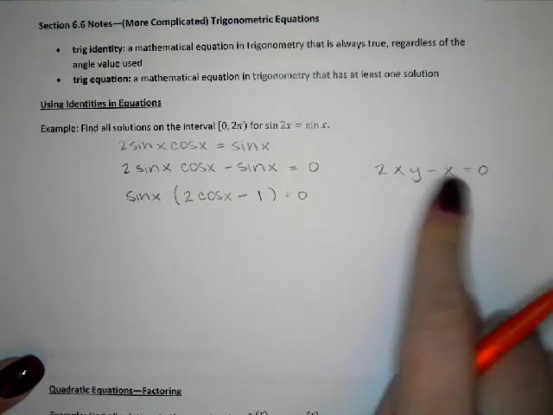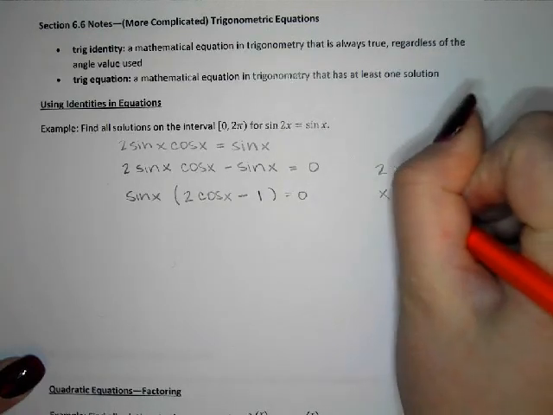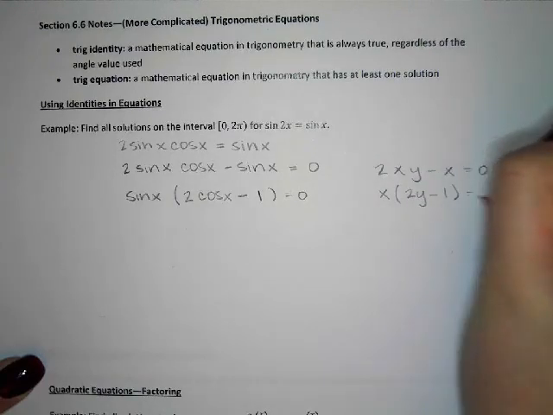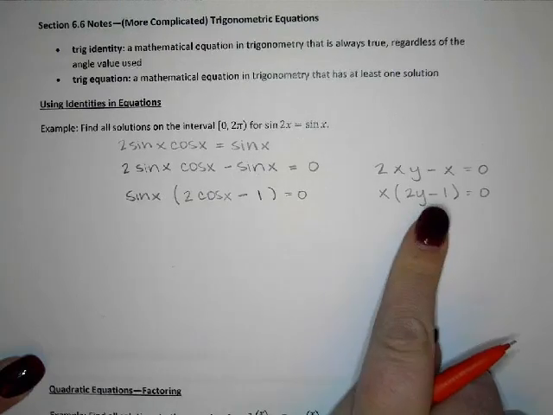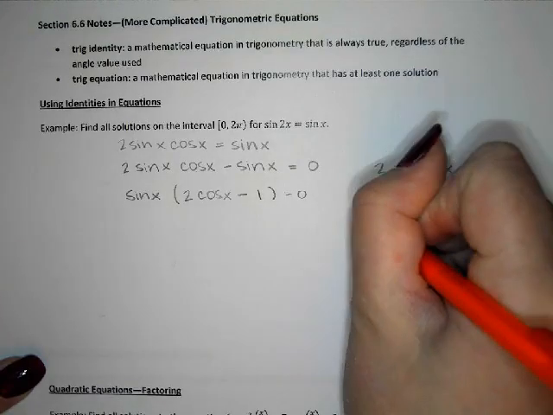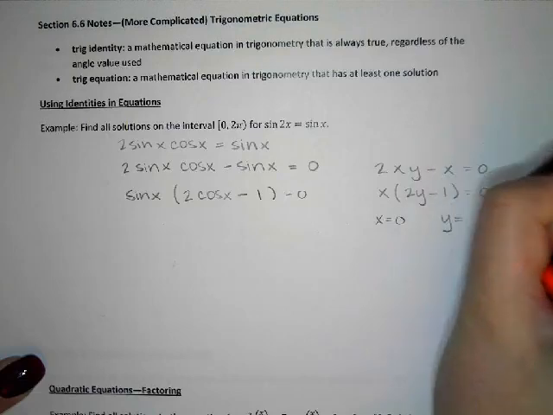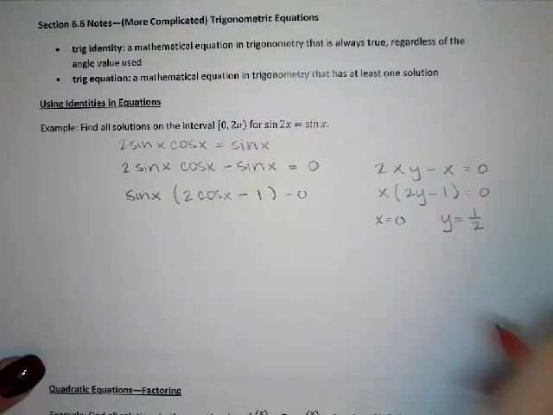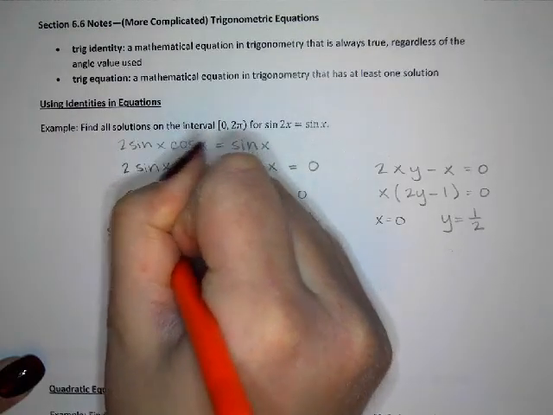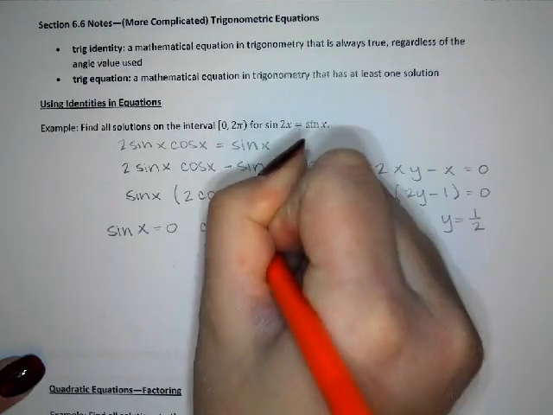If I were to factor this, I'd say there's a GCF of x, and then I have a 2y for the first term minus 1 for the second term. So you can factor this part if that's a little bit easier. Then the first factor is going to be x equals 0, and the second factor is going to be y equals 1/2. Over here, that means the first factor is sine x equals 0, and the second factor is cos x equals 1/2.